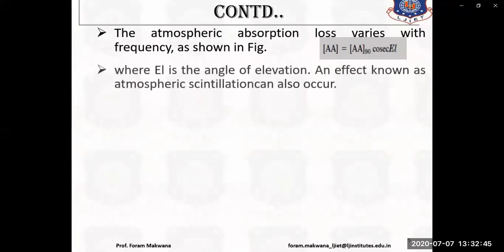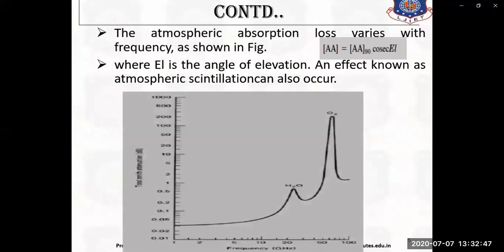The atmospheric loss varies with the frequency, as shown in the graph. The x-axis represents frequency in gigahertz, and the y-axis represents the total attenuation in dB.